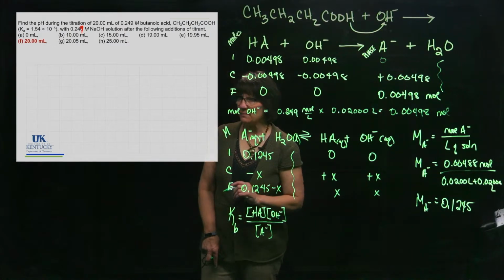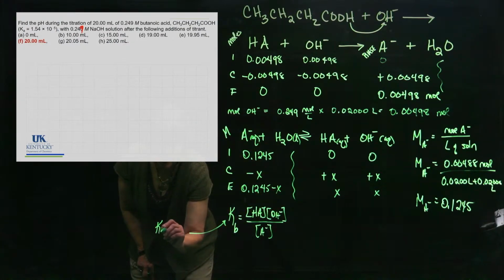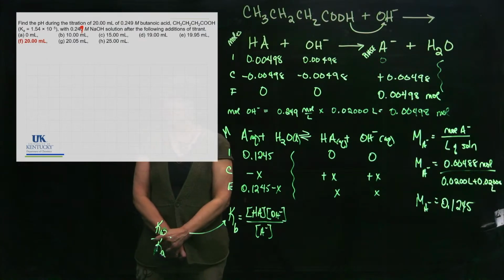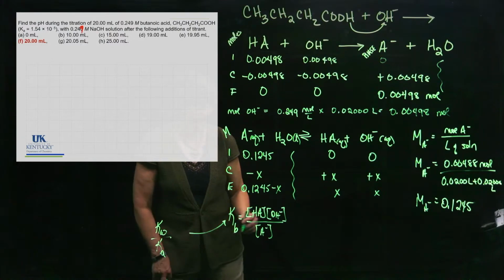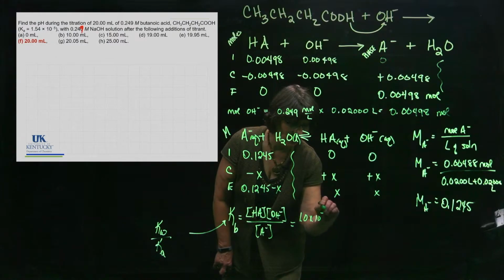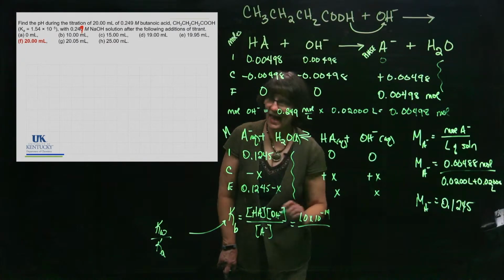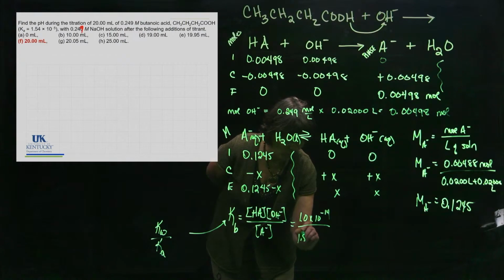To get Kb, I'm going to take Kw divided by Ka, because Ka times Kb gives you Kw. So I'm going to plug those numbers in. Kw is 1.0 times 10 to the minus 14. Ka was there on the screen, 1.54 times 10 to the minus 5.